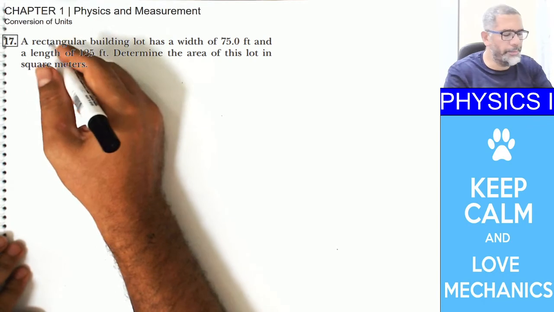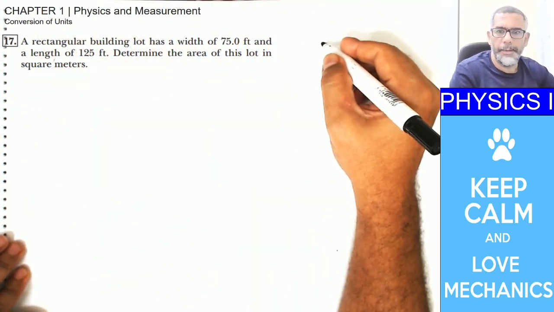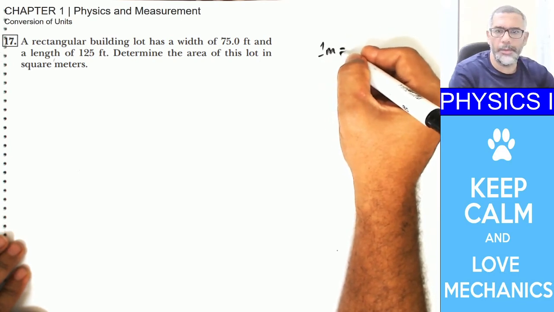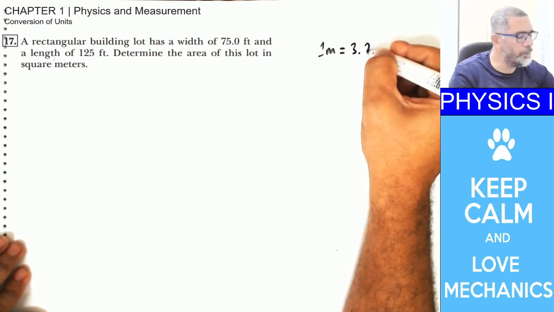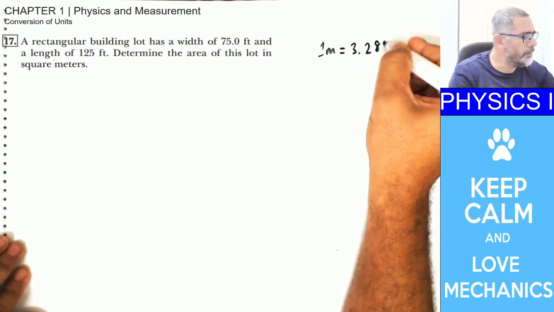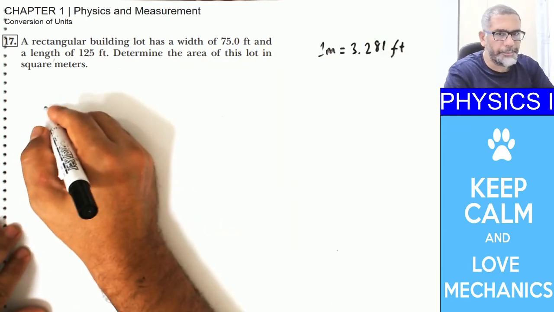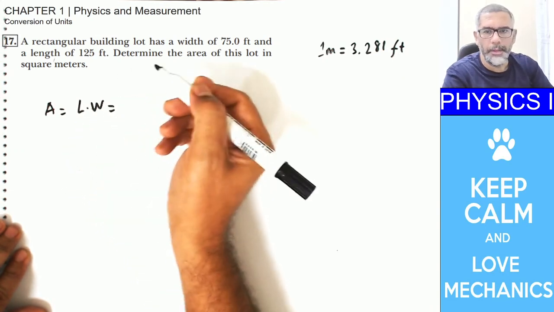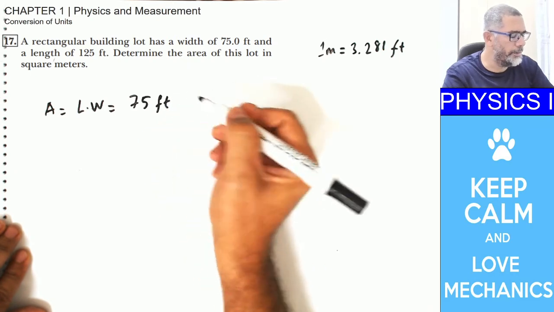The conversion from feet to meter is, let me write it over here. We know that 1 meter is just equal to 3.281 feet. Okay, and the area is just length multiplied by the width. So the length is given by 75 feet, right?